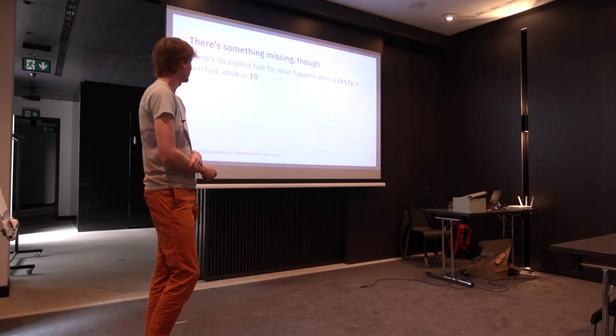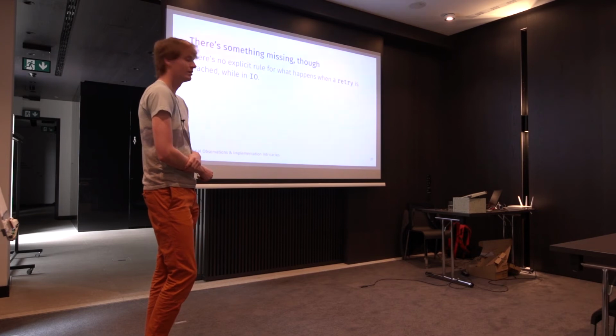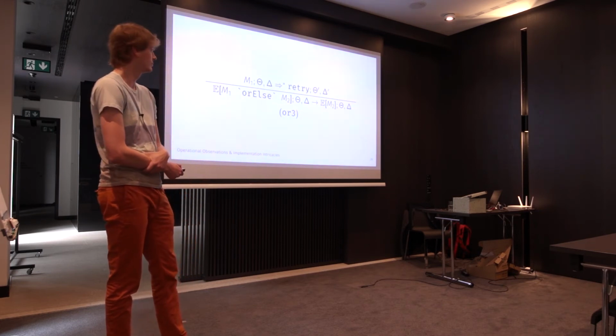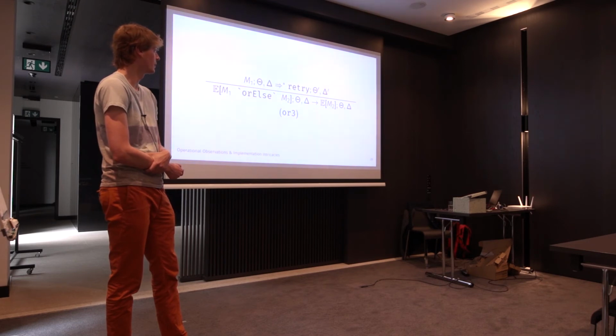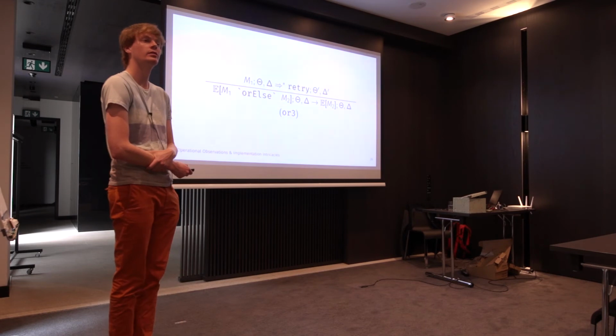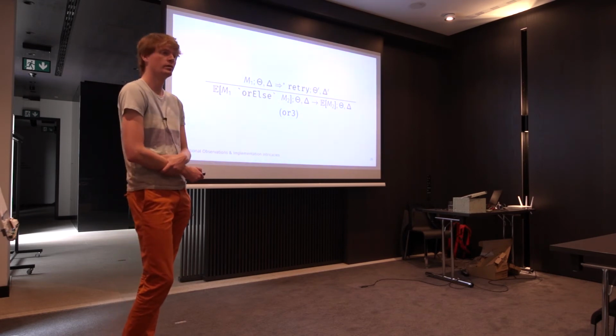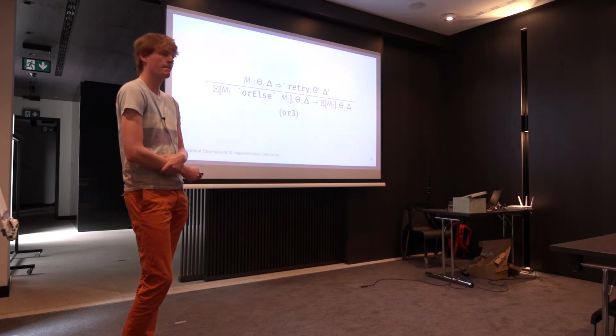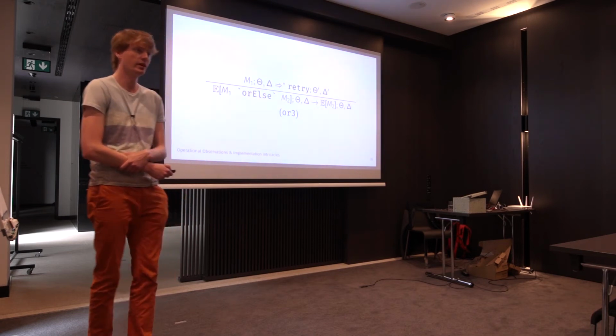So that's what I wanted to cover, but there's something missing. We haven't seen a rule. So a retry in M1 means don't retry M1, but instead retry M2 because of the orElse? Yes, exactly.